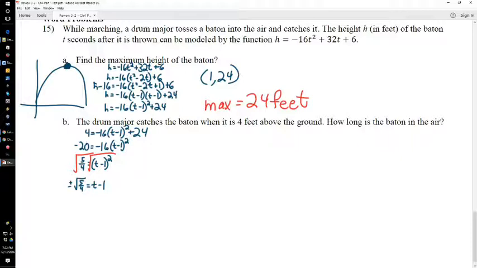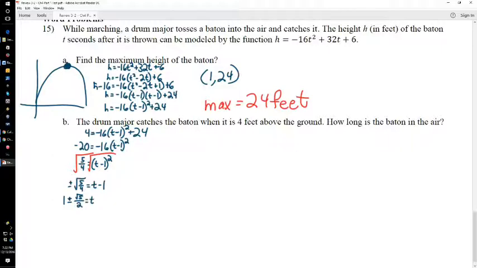Now the last thing I'm going to do is move that negative 1 over, but while I do that, I'm also going to rationalize my denominator. We do not like radicals in the denominator. So move the 1 over, it becomes a positive 1, so 1 plus or minus the square root of 5 divided by, instead of the square root of 4, I'm going to put a 2 equals t.